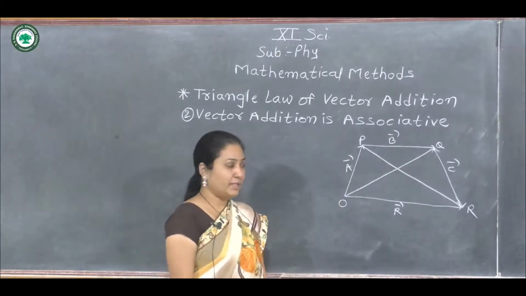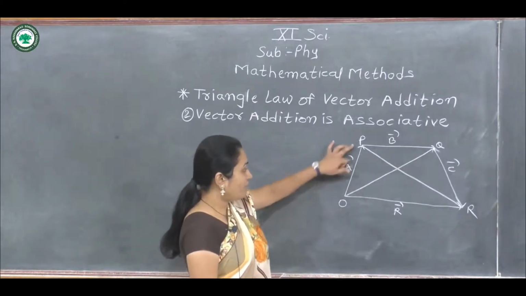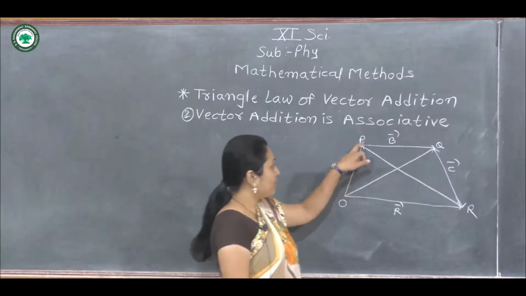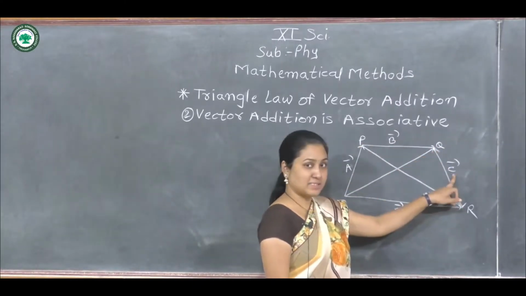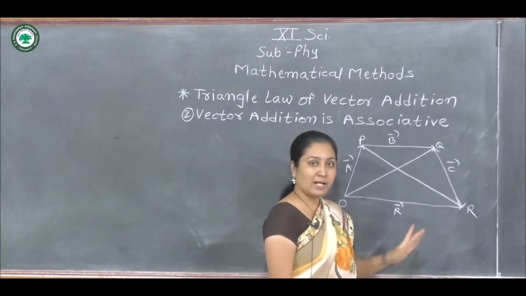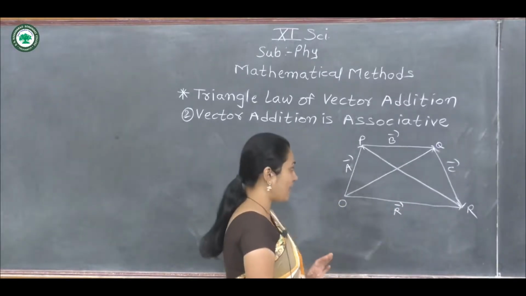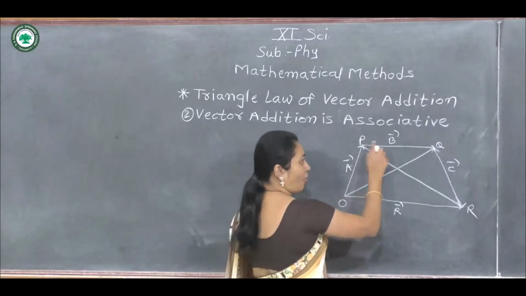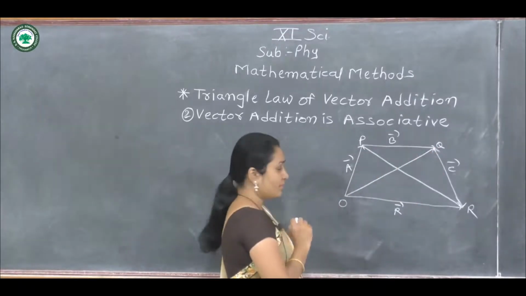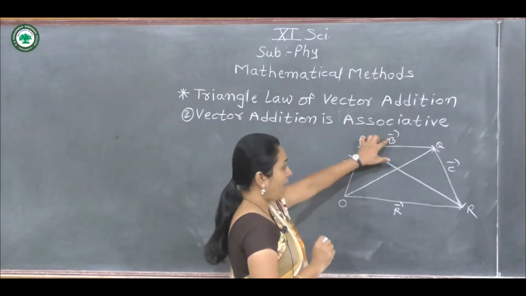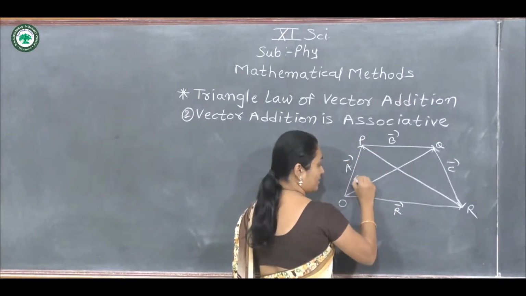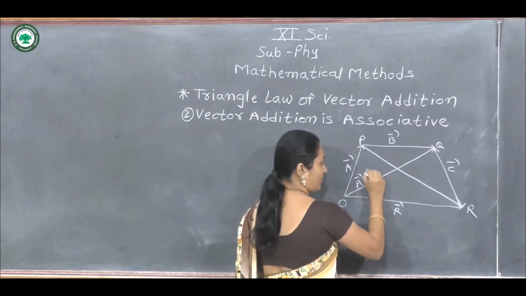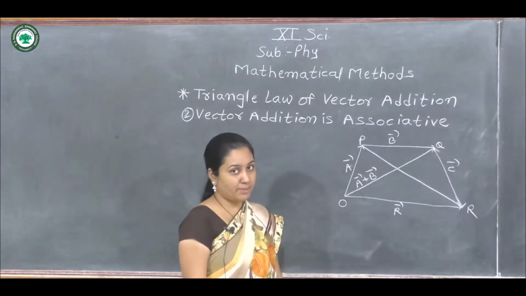Now in this diagram, OP bar is A bar, PQ is B bar, QR is C bar, and OR is the resultant, that is R bar. So in triangle OPQ, with A bar and B bar, the resultant vector will be A bar plus B bar.